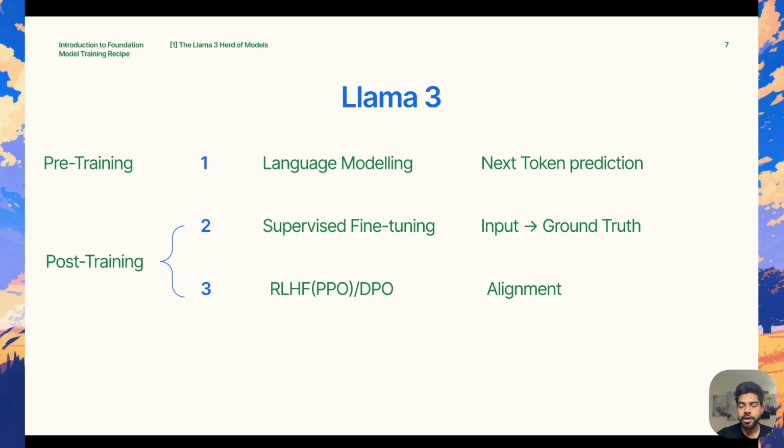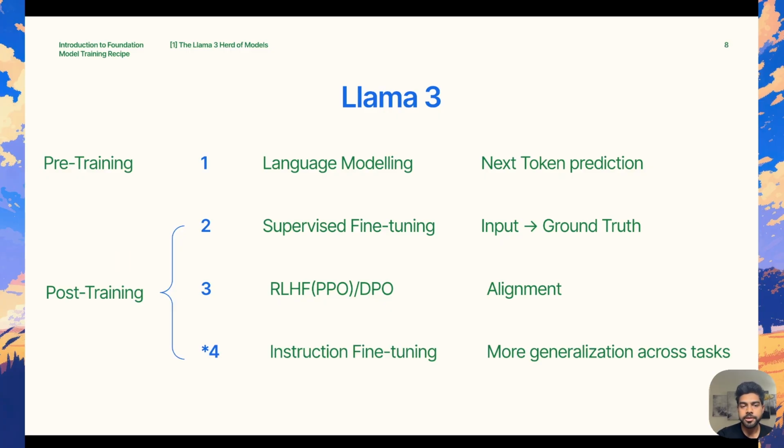Additionally, to make our model more general purpose, we do instruction fine tuning, which is the same as supervised fine tuning, but we add more tasks like translation, answering questions, code generation, and many other tasks which you can think of ChatGPT doing. Overall, these are the three crucial steps in conventional fine tuning of a large language model.